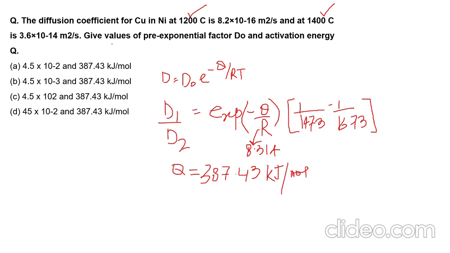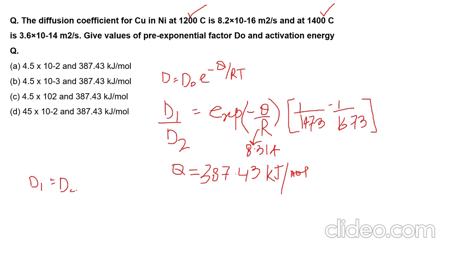Now we have to calculate the pre-exponential factor D naught. How will we calculate D naught? The options all had the value for Q. Now we have to calculate the value of D naught. We can simply put the value of D1 and this Q in any of the equations.